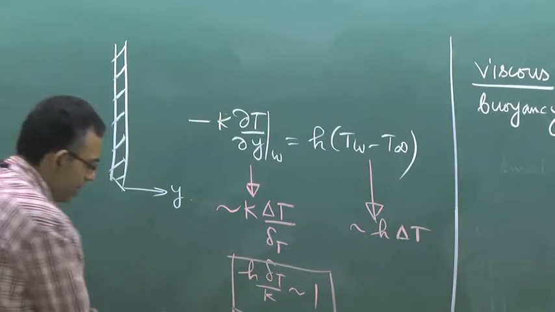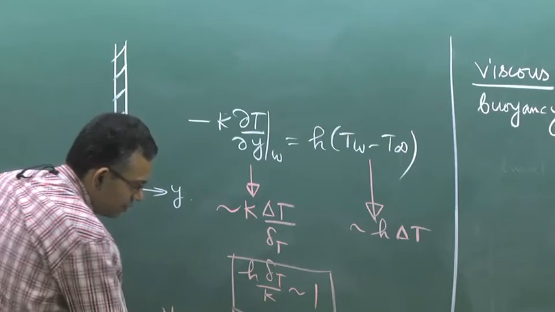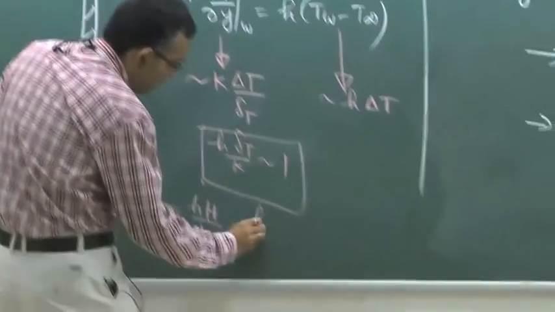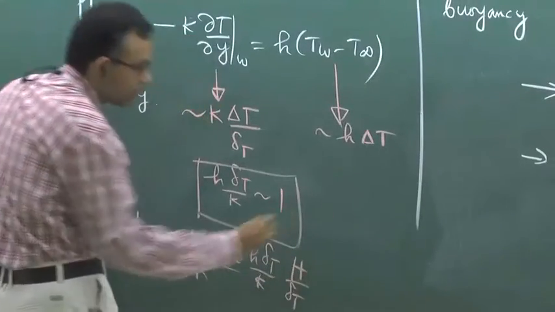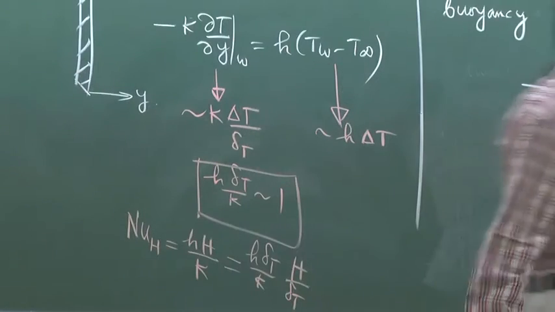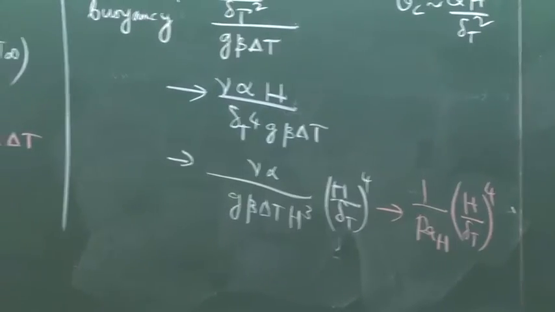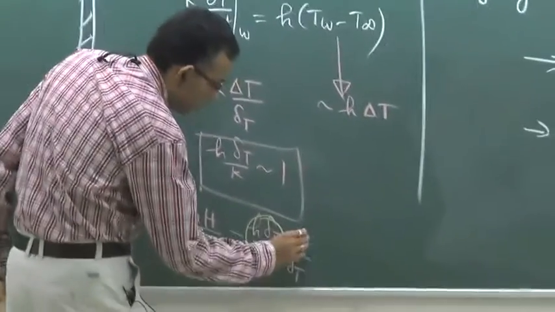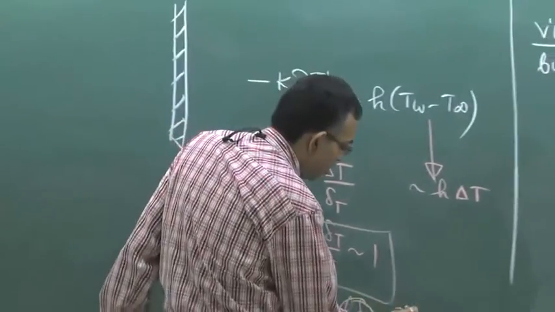So now the Nusselt number, which is h H by k based on the length H, is equal to h delta T by k into H by delta T. So this h delta T by k is of the order of 1, and H by delta T is of the order of Rayleigh number to the power 1/4.